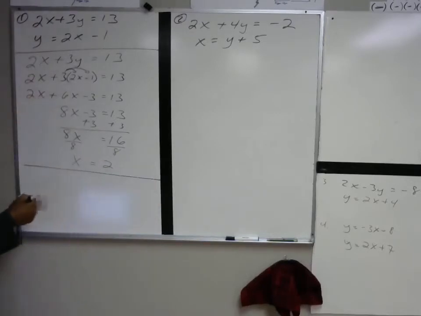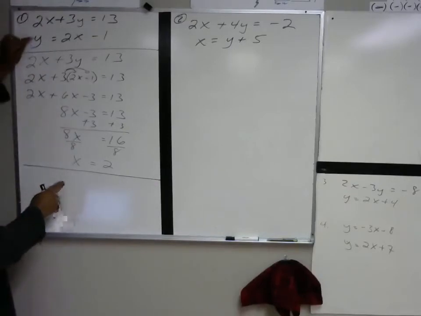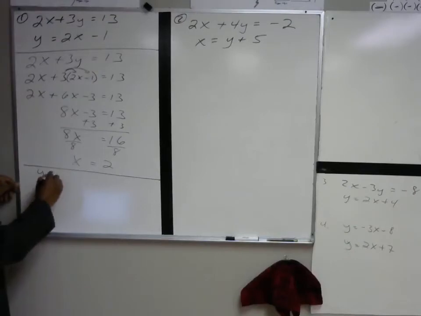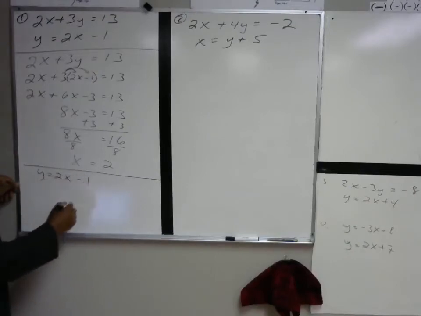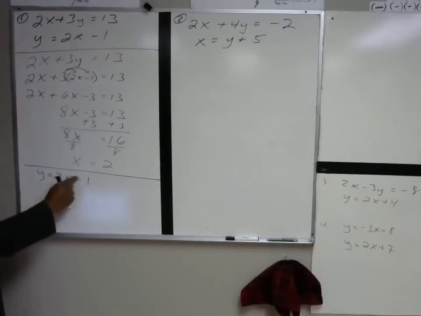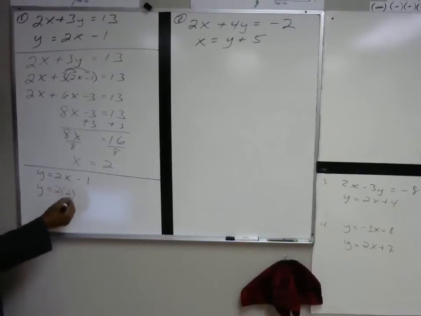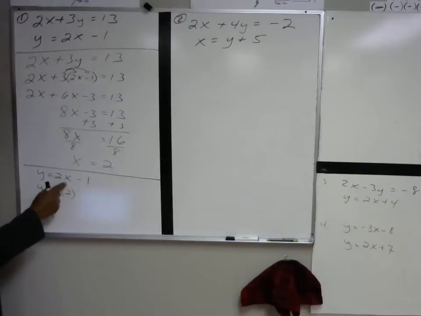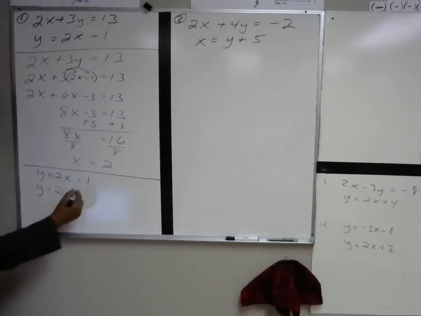To find the value for y, we're going to go back to the y equals 2x minus 1. And we're going to use substitution here for the x. We're going to make that 2. To indicate that I'm using substitution, I'm going to use parentheses. When you're making substitutions, I want you to use parentheses as well to demonstrate there's a substitution going on.